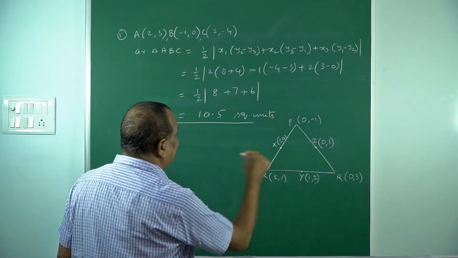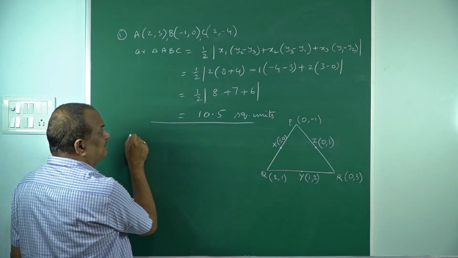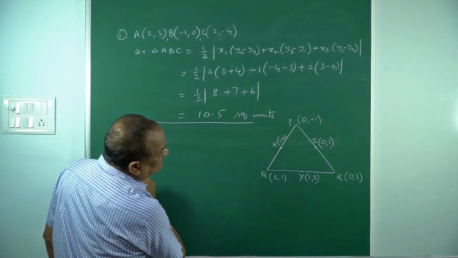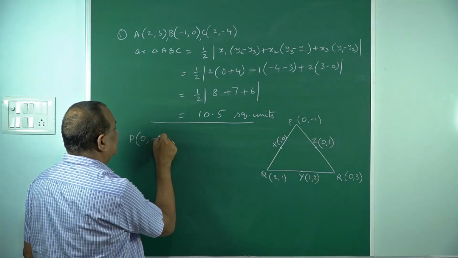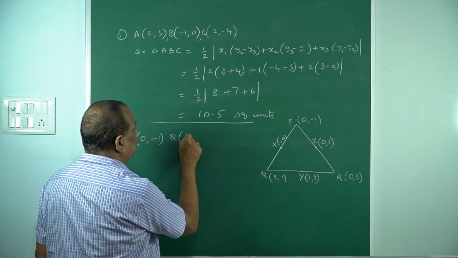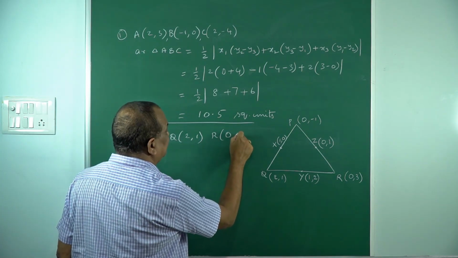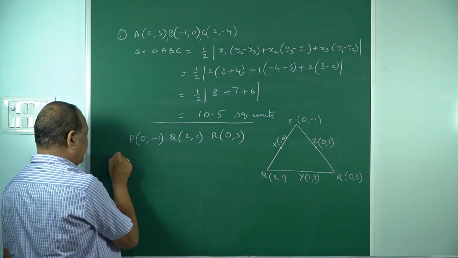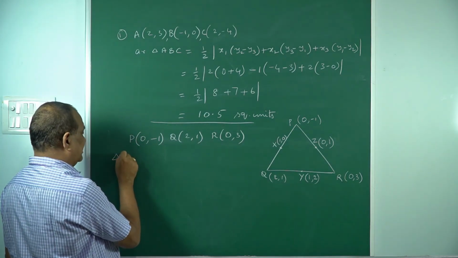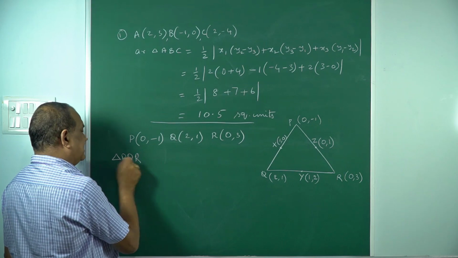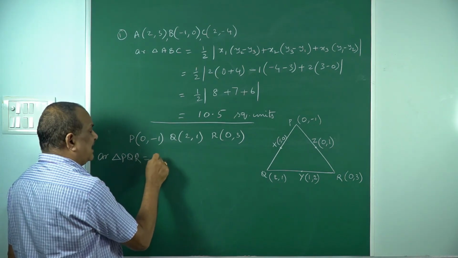So I just write this part here. My P is 0 comma minus 1, Q is 2 comma 1, and R is 0 comma 3. I try to find the area of triangle PQR, and just mention here it is area, half.